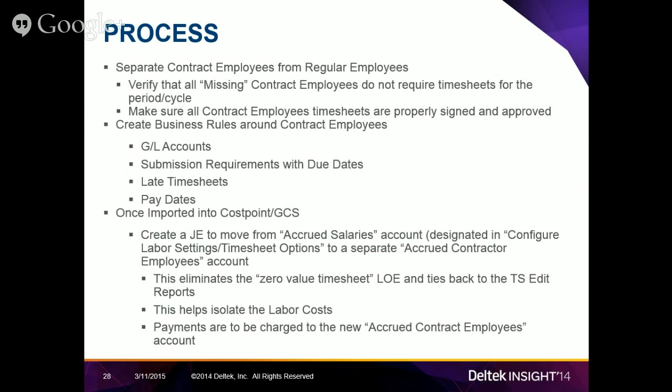So for instance, if you have 40 hours and let's say they get paid $100 an hour and it's $4,000, they would have a timesheet with a positive $4,000 on it. They would put a negative line for $4,000 going to the accrued contract employees account. And then when it went through labor distribution, it didn't actually post anything to the accrued salaries account.